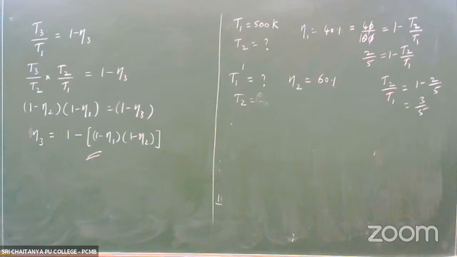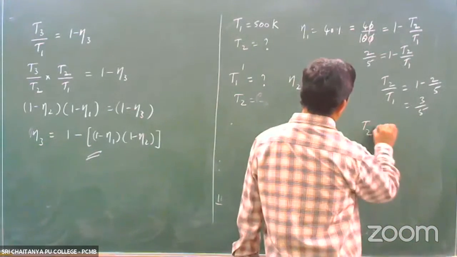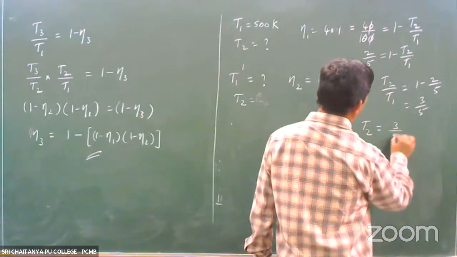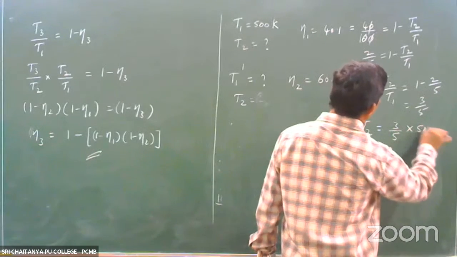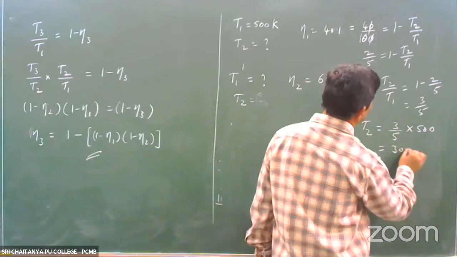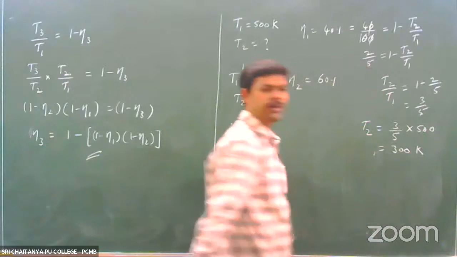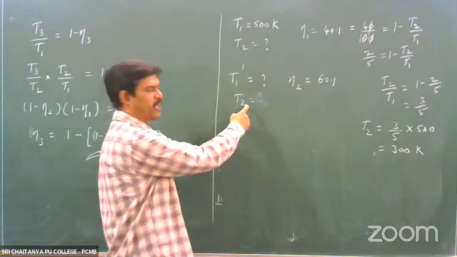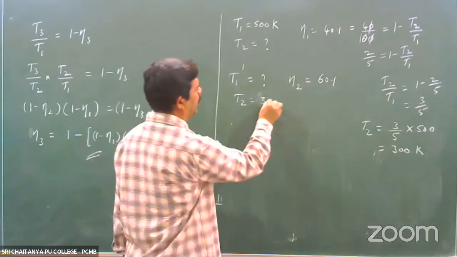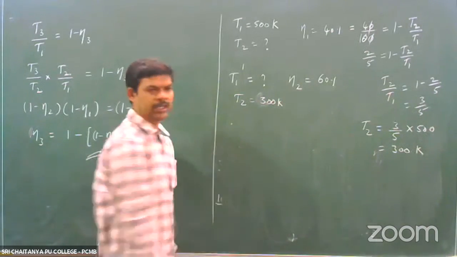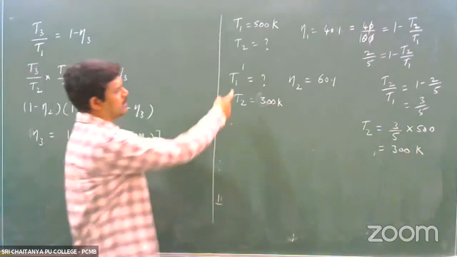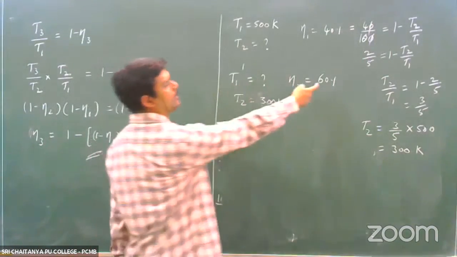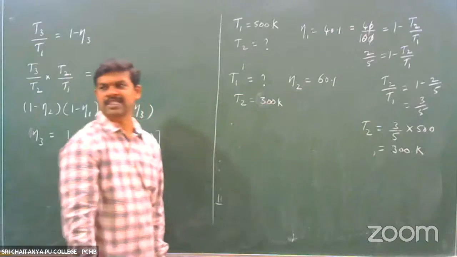Okay. From that, what is T2? T2 is 3 by 5 into 500. This is 300 Kelvin. Okay. I got T2. For the same exhaust temperature means T2 is 300 only. From that, what is the intake temperature to have an efficiency of 60%?